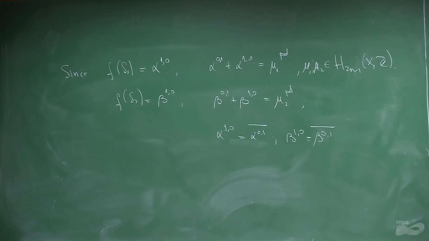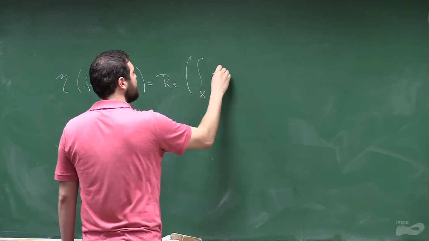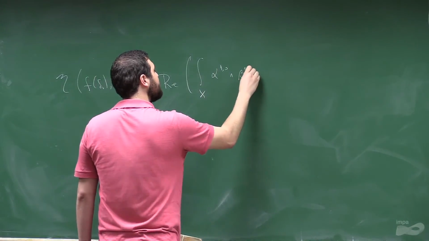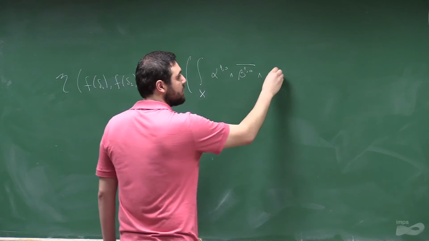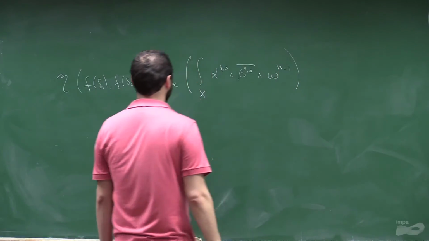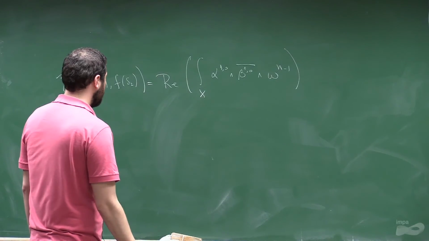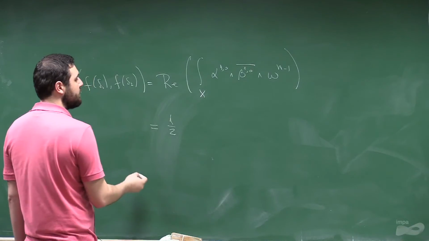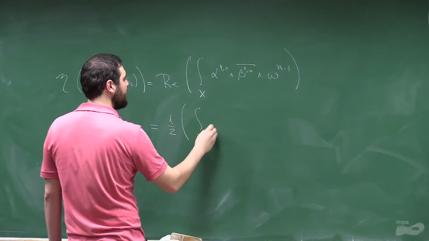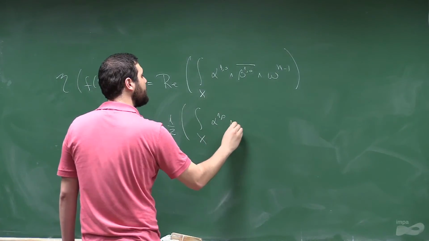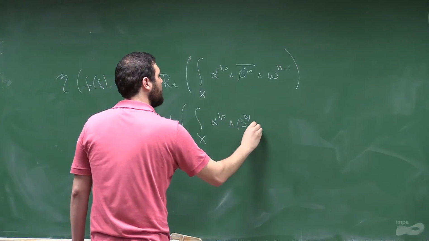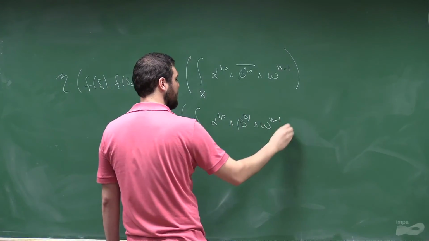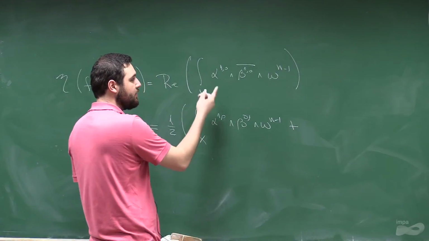It is equal to the real part of the integral over x of alpha 1,0 wedge beta 1,0 bar wedge omega to the n minus 1, right? And this is equal to 1/2 of this thing, the integral over x of alpha 1,0 wedge beta 0,1 wedge omega to the n minus 1, plus the conjugate of this thing.